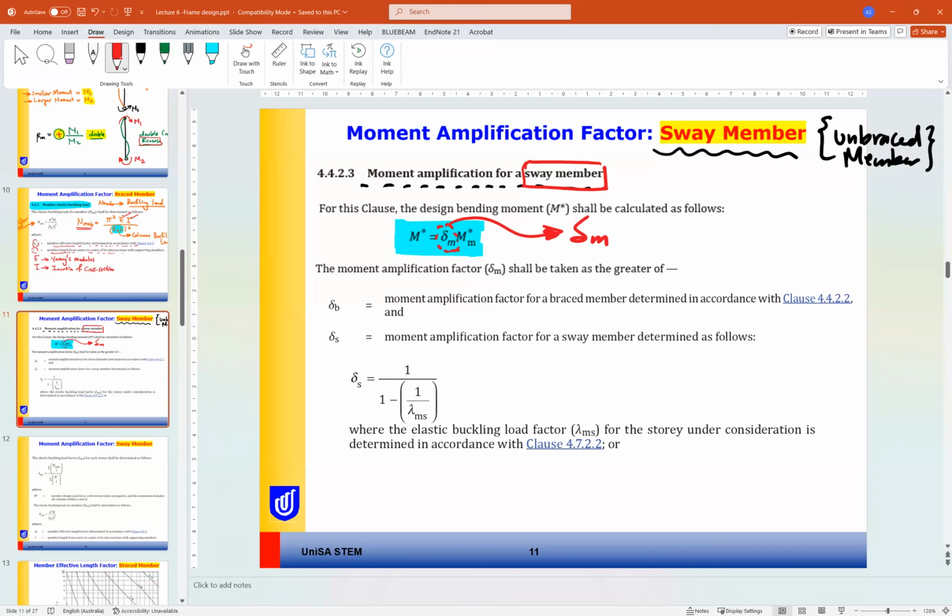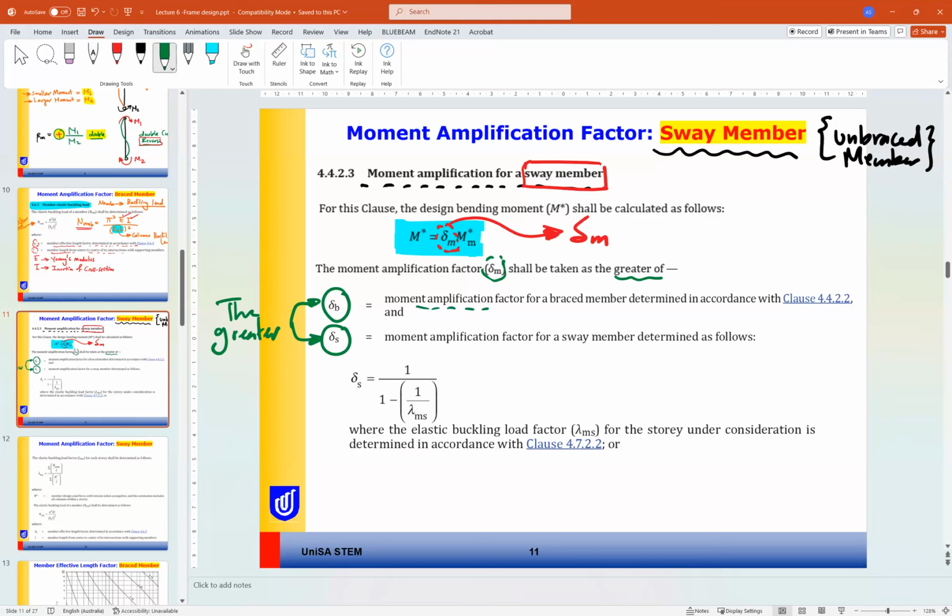So now, how can we find delta m? Delta m is the greater of two values. So you have to find two values and select the greater of these two. So we have delta b and delta s.